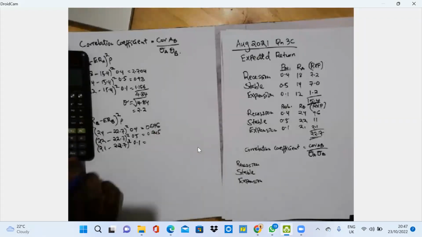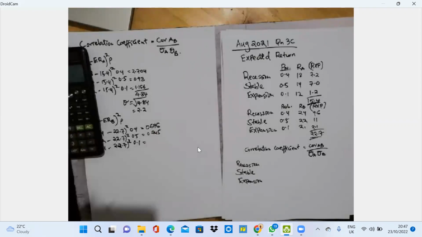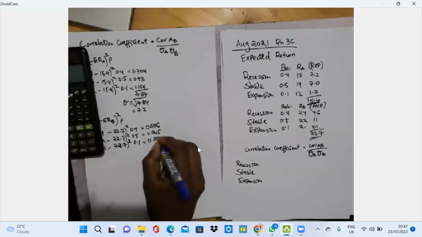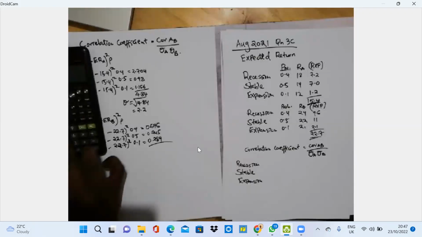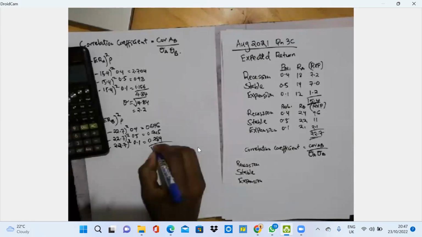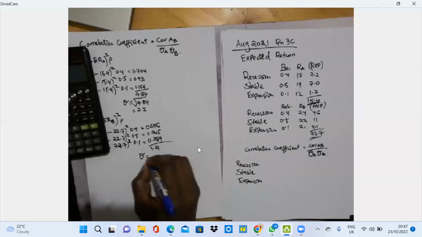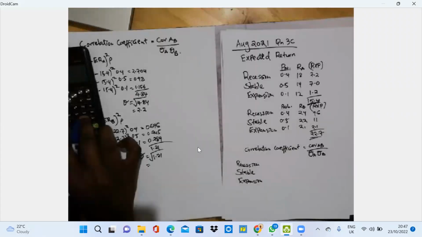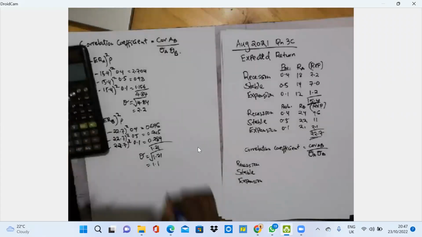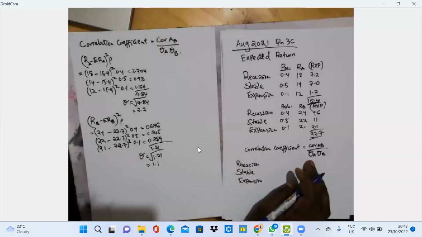Then 21 minus 22.7 squared multiplied by 0.1, that is 0.289. Get the total, 1.21. To get the standard deviation, you get the square root, which is 1.1. So we have the standard deviation.